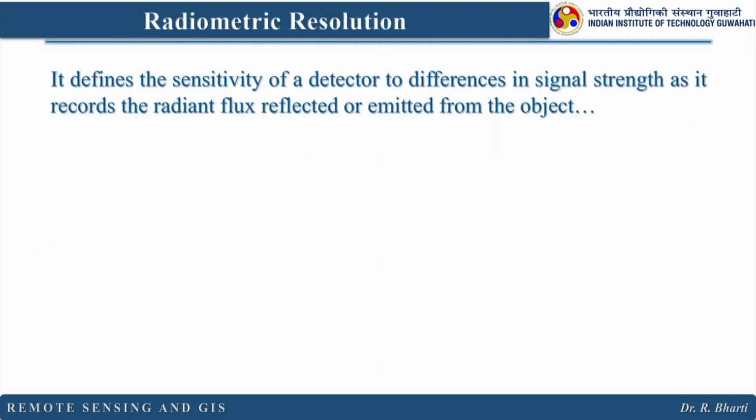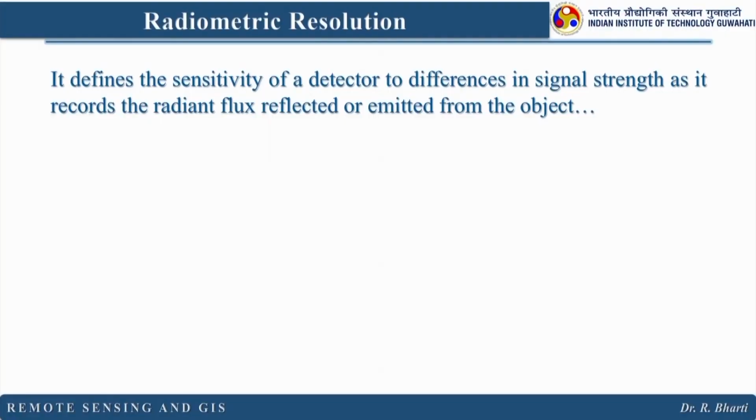Then the next one is radiometric resolution. It defines the sensitivity of a detector to differentiate the incoming radiation into different levels. So, suppose you have a torch, and you are illuminating a target, and the reflected energy is coming to our sensor, and the sensor is capable of differentiating only two ranges of values, then what will happen?